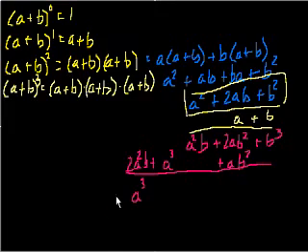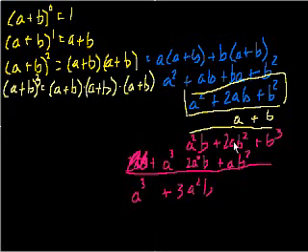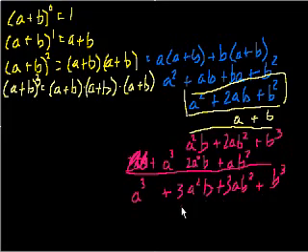And then, actually, I already had a 2a squared b here, because I had an a squared b here. So we have a cubed plus 2a squared b plus a squared b, that's 3a squared b. And then 2ab squared plus ab squared, well, that's 3ab squared. And then plus b cubed.